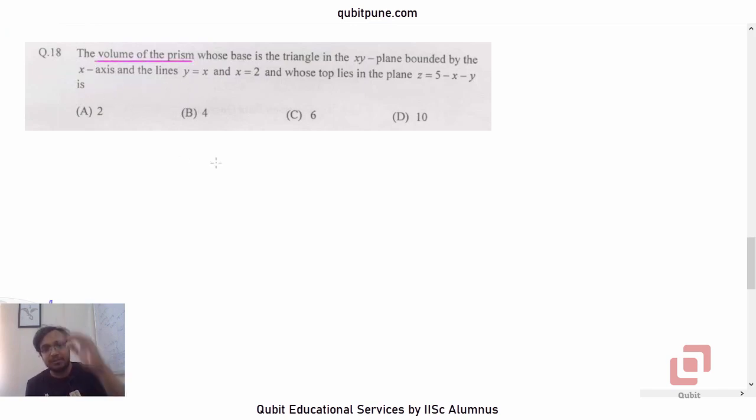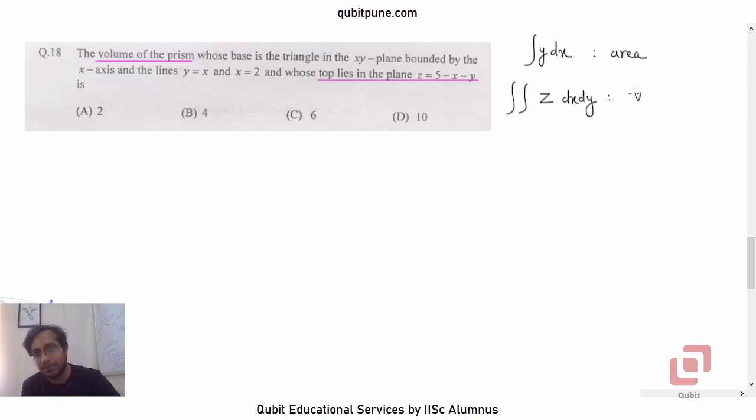What is the top surface? They're saying here whose top lies in the plane z equal to 5 minus x minus y. So just like in our single variable integration, the integral of y with respect to x gives us area, in this case, the double integral of z is going to give us volume. Should not forget that.